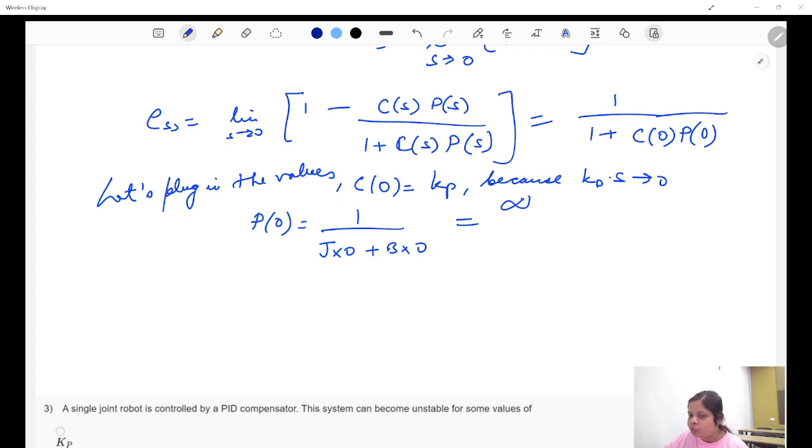But how do we actually model the system? We take a K also here, so you have some gain remaining even in the beginning.